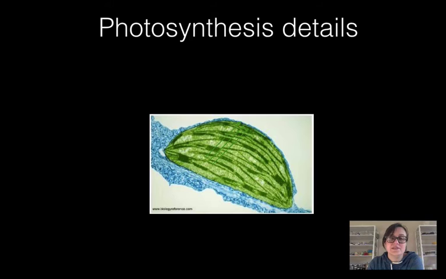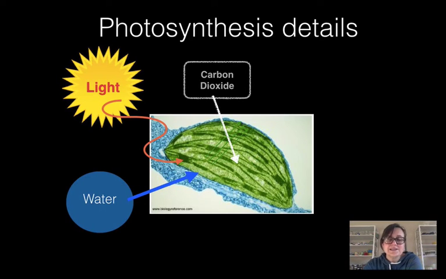Let's go into a little bit of detail about photosynthesis. So here's a picture of a chloroplast. Light energy, carbon dioxide, and water are all going to go into the chloroplast. Light is coming from the sun, or if it's inside, some kind of growing light. Carbon dioxide is coming from the atmosphere, and water can come in through the roots, or it can also come in through the atmosphere.